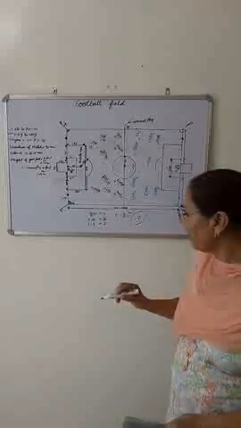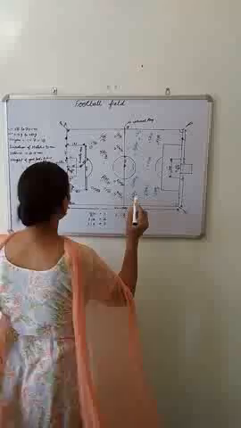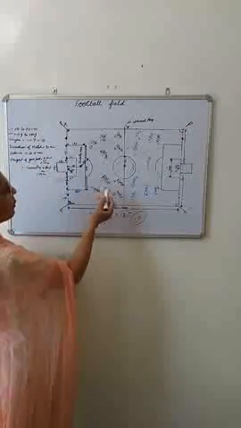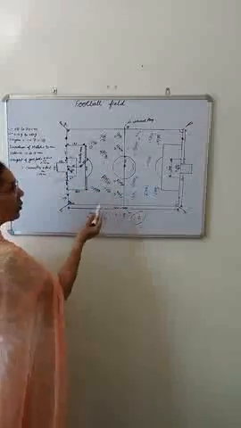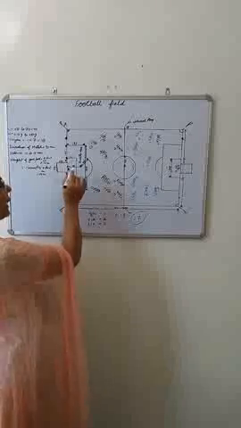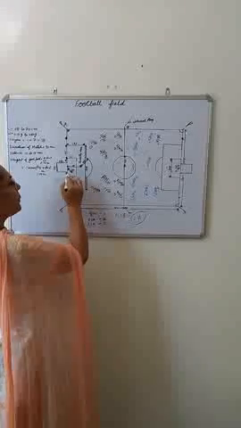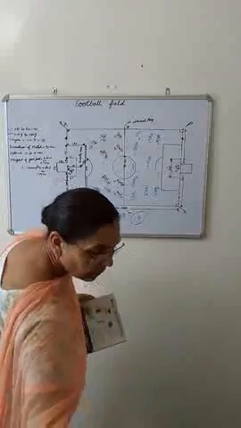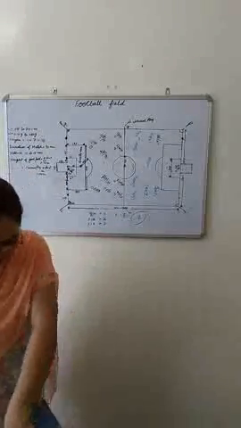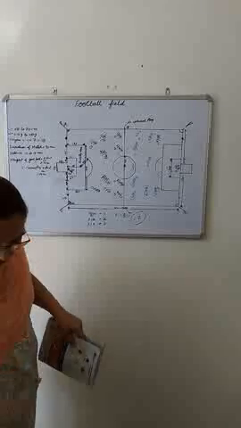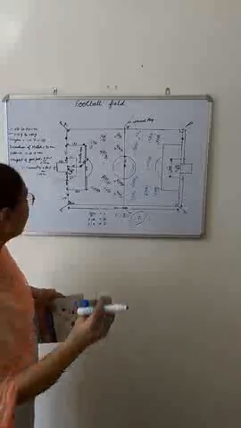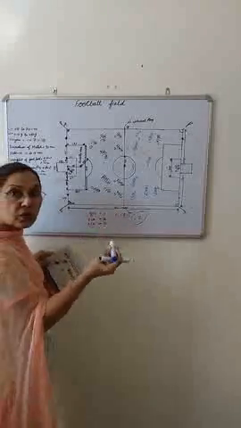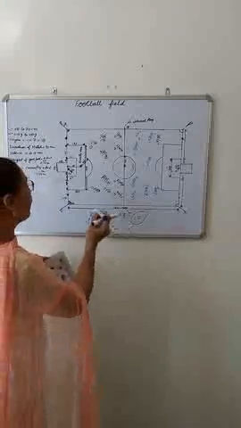For example, now A team is going to take a penalty kick. This is the B team's player, A team's. I'm using blue color pen for them.